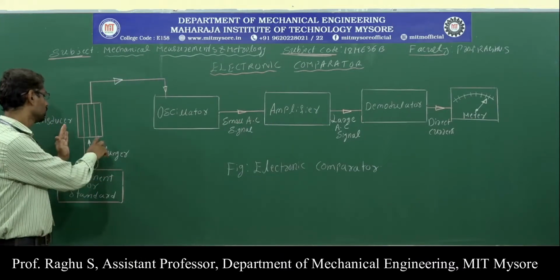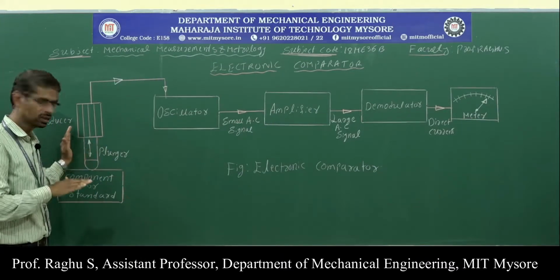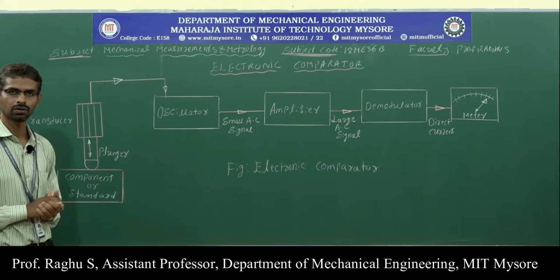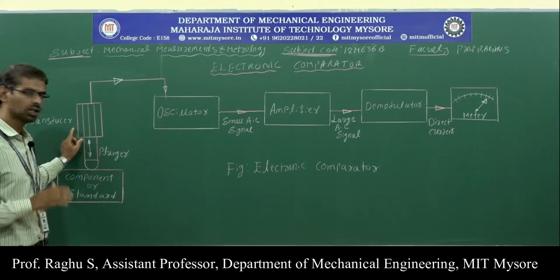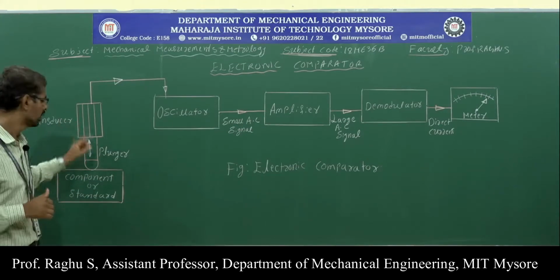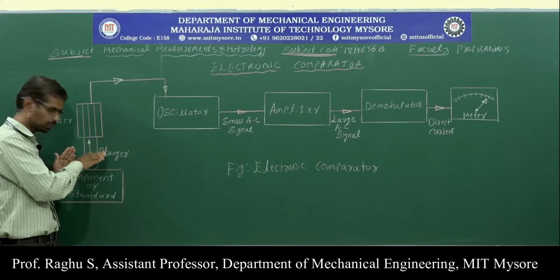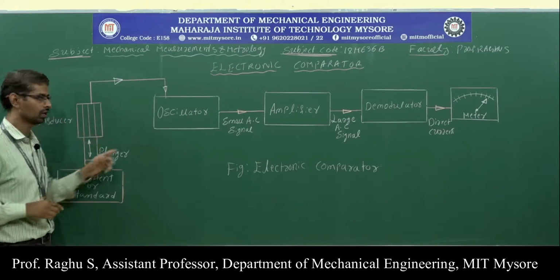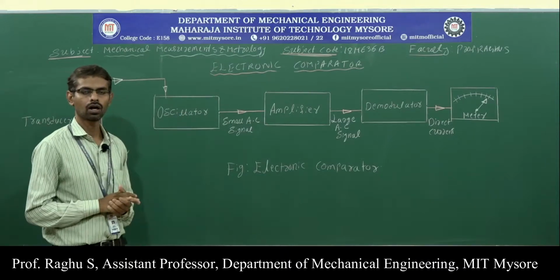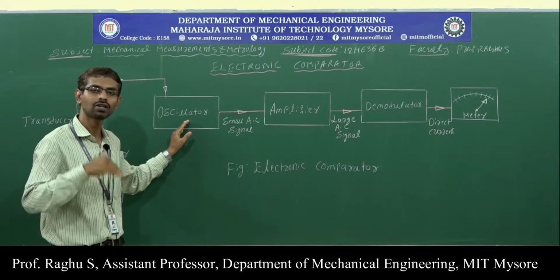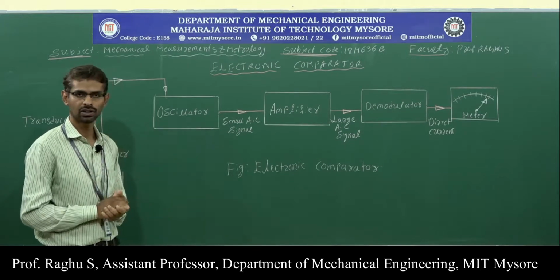Now, this transducer converts the linear movement of the plunger into an electrical signal. The transducer converts one form of energy into another. Now the oscillator takes the electrical signal and produces a periodic oscillating electrical signal.